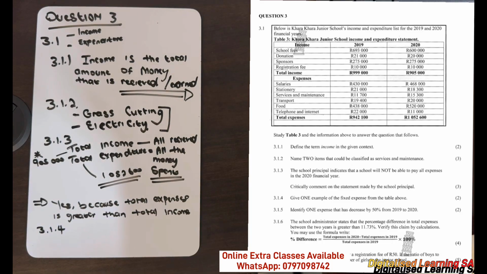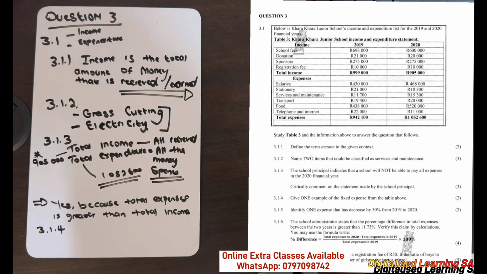So question 3.1.4 says that give one example of the fixed expense from the table above. So by fixed expense, they mean expenses that even in the following month or even in the following year, that expense will still be there.